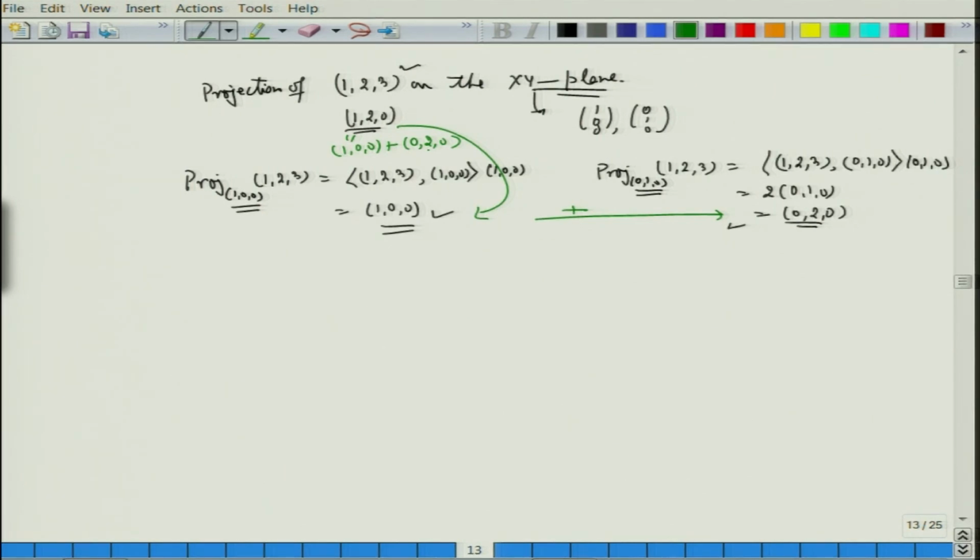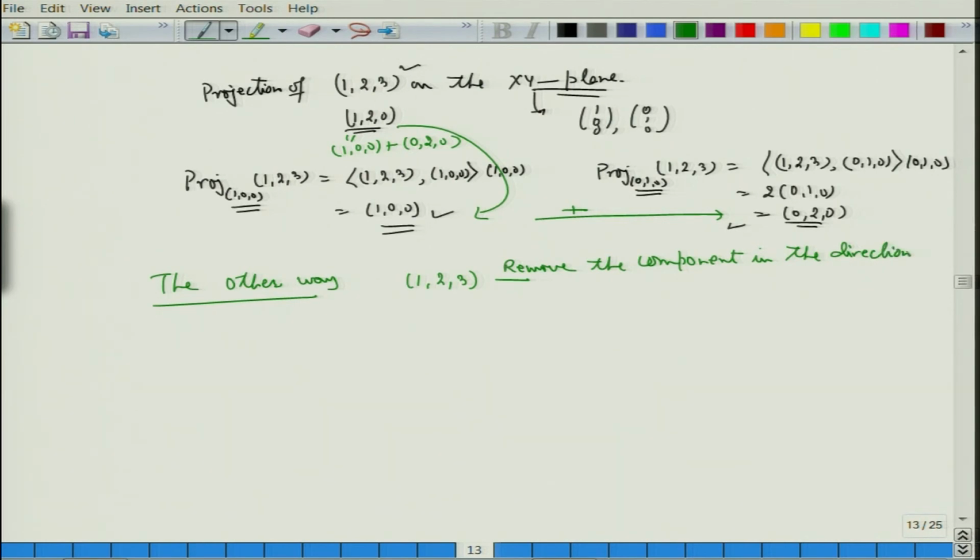This is one thing. The other way is to think of that you look at, so the other way, will be that from 1 2 3 remove the component in the direction of z axis.